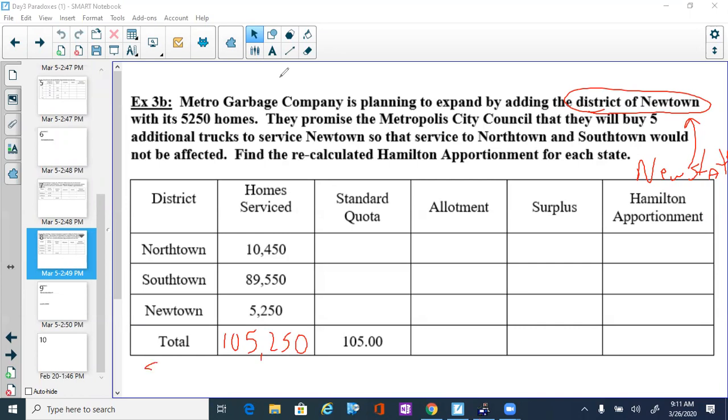Now we need to find the standard divisor, and we're going to do that by taking 105,250 and dividing it by 105 trucks, not 100 trucks anymore. That will change things just a little bit.